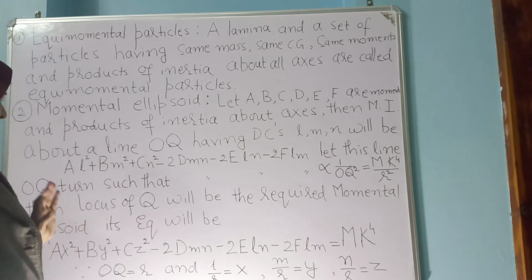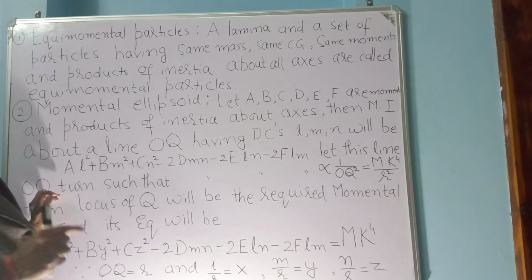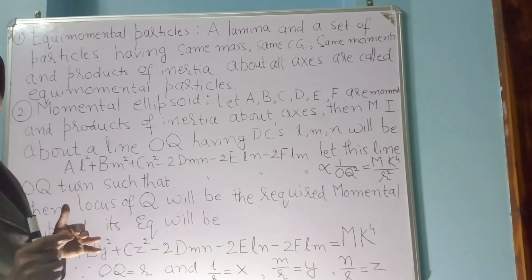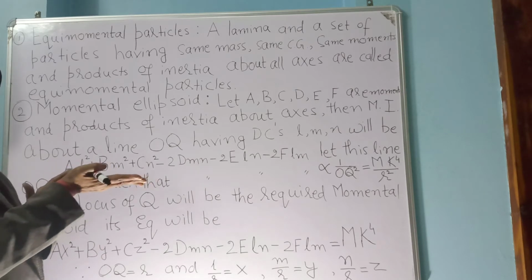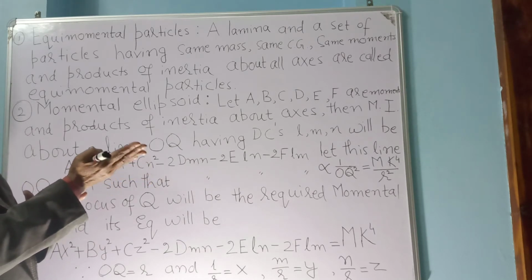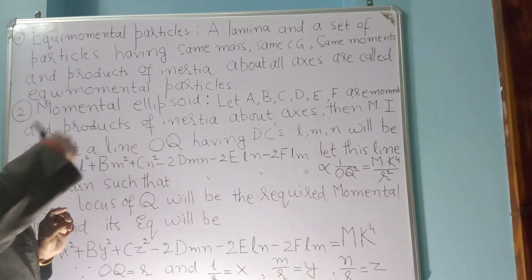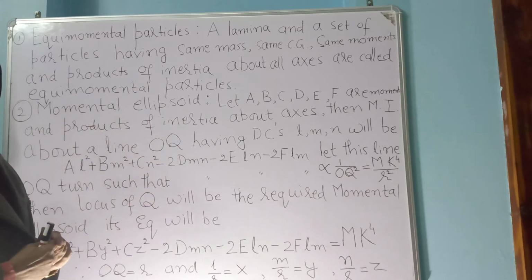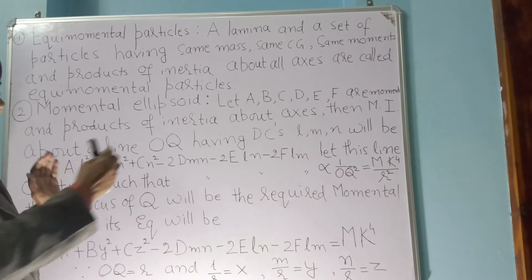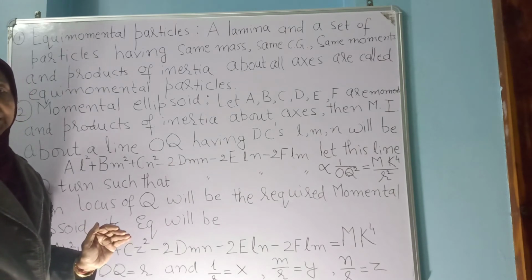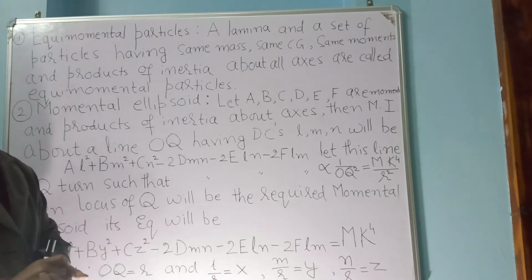Now, this line must pass through the origin. So let us assume that this line is OQ. Now this line turns in such a manner, because it is the inclined line, inclined from the x-axis, that this moment of inertia is inversely proportional to the square of the distance.